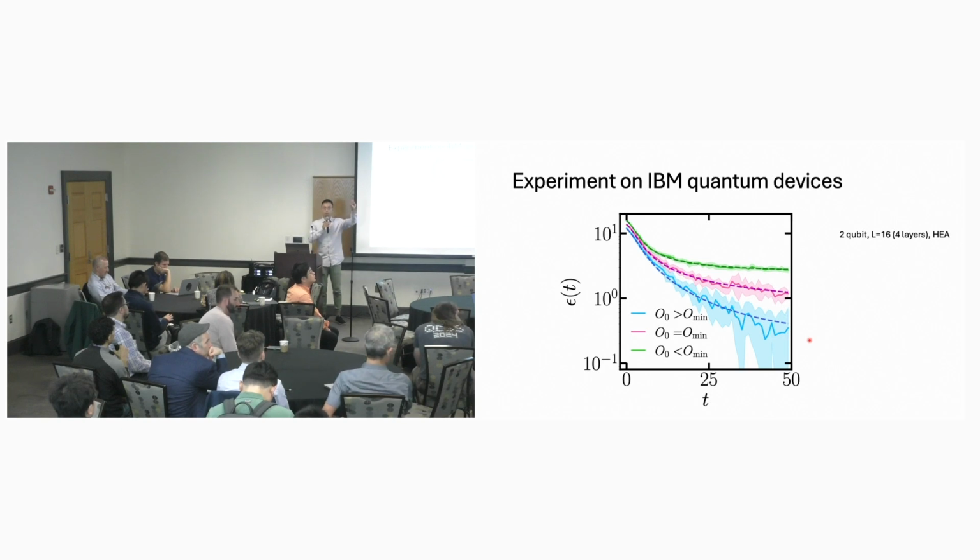But if you change it gradually in some adiabatic fashion, then we expect that this should still work. Let's say when you are above, then it's exponential. Then right at that point, if you train a few steps, that is polynomial, and then afterwards it becomes exponential again. Exactly, that's my question.